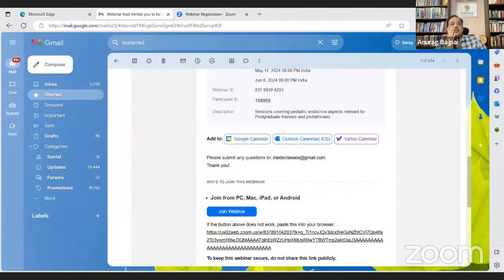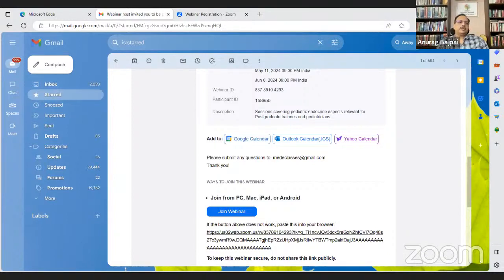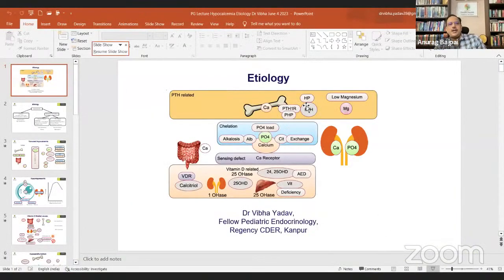Yeah, now your screen is visible. You can now open the PowerPoint. Yes, sir. Is it visible, sir? Not yet. We are seeing your screen, but not the PowerPoint. I think you open the PowerPoint first. You stop the screen share. Open the PowerPoint. Yeah, now it's visible. Now you can go into the slideshow. Okay.